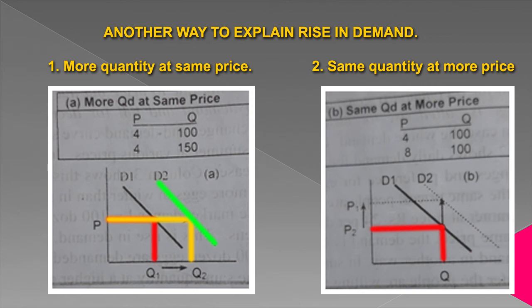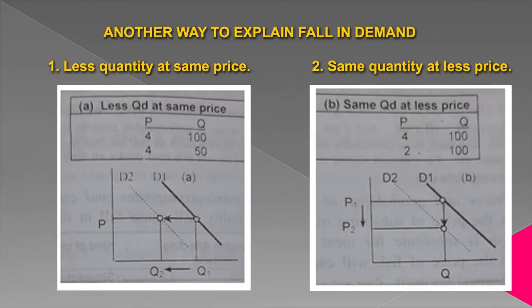Now price increases, quantity demanded remains the same. Here we get a curve that indicates increase in demand. The curve moves from D1 to D2. So we can define rise in demand in this way also. More quantity, same price. Same quantity, more price.